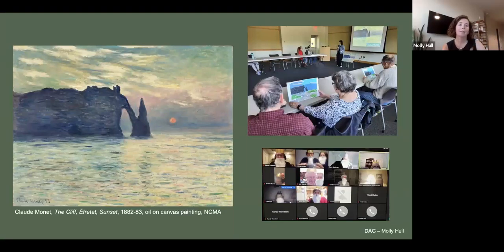So we provide this kind of immersive experience, even though the participants are not able to necessarily touch the work. We're still providing avenues in which they can learn about the work and connect with it according to the way that they process artwork. And this format can be replicable for people with and without disabilities. We've adapted this program for groups of children who are medically fragile, or also groups for people with Down syndrome or other similar conditions.